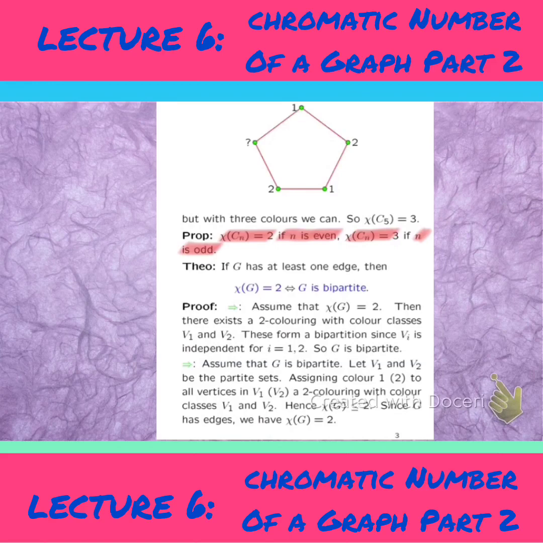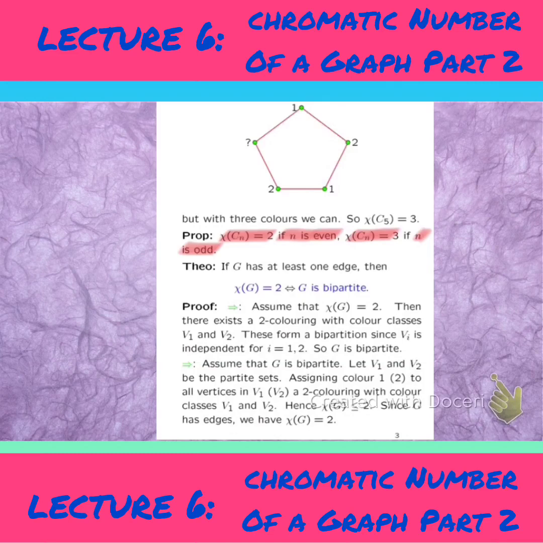For the chromatic number of Cn when n is odd, you cannot get by with one color, and definitely not with 2, because you cannot partition an odd cycle into 2 independent partite sets. That's impossible. So it's always going to be 3, and you can get by with 3 colors easily. And for an even cycle, you can partition it into 2 independent partite sets, and you cannot get by with one color, so it's exactly equal to 2.